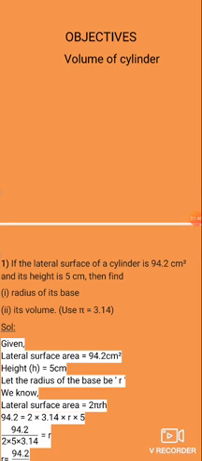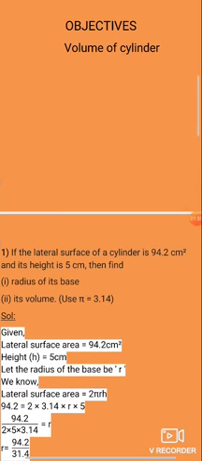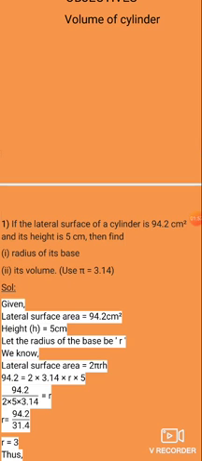So what is radius? 94.2 divided by 2 into 5 into 3.14, which is equal to 94.2 divided by 2 into 5, that is 10. Now when you multiply 3.14 into 10, we get 31.4. Now divide this.